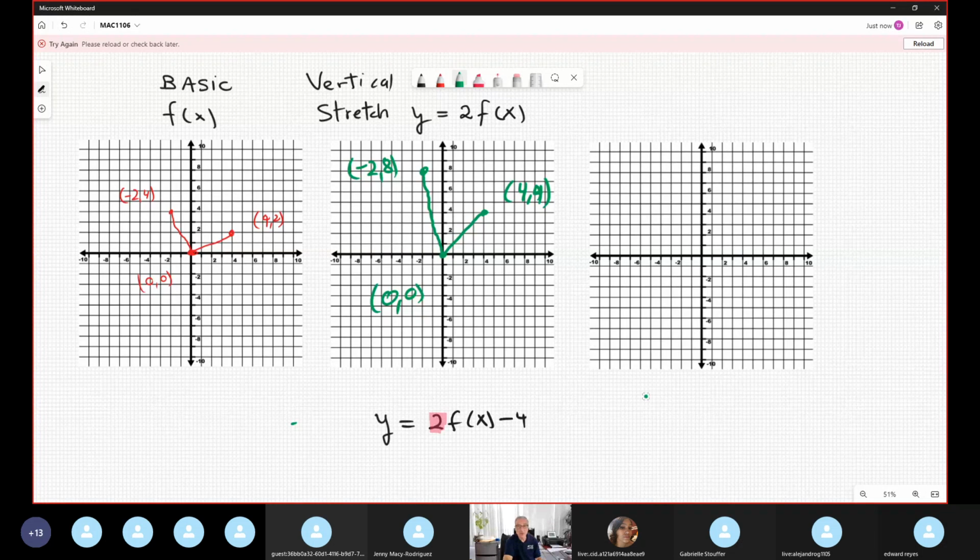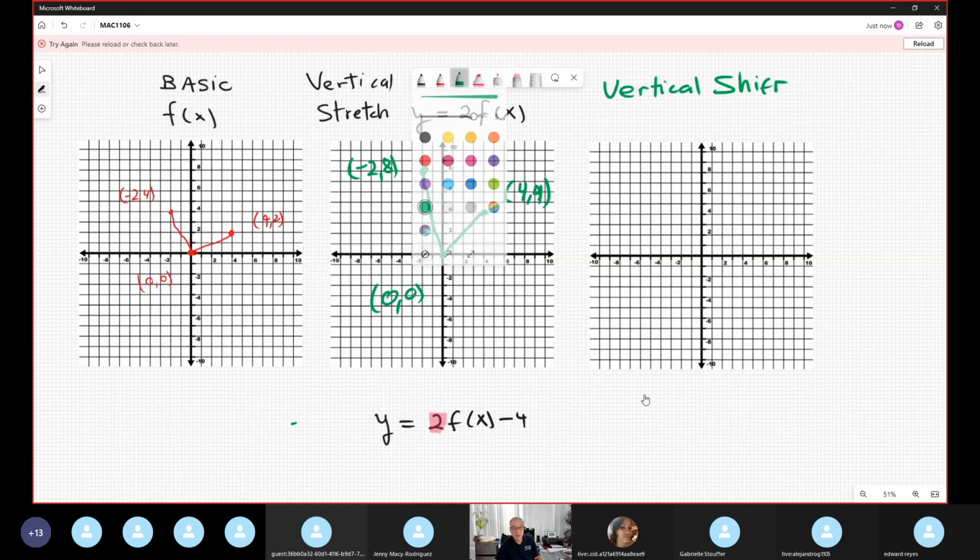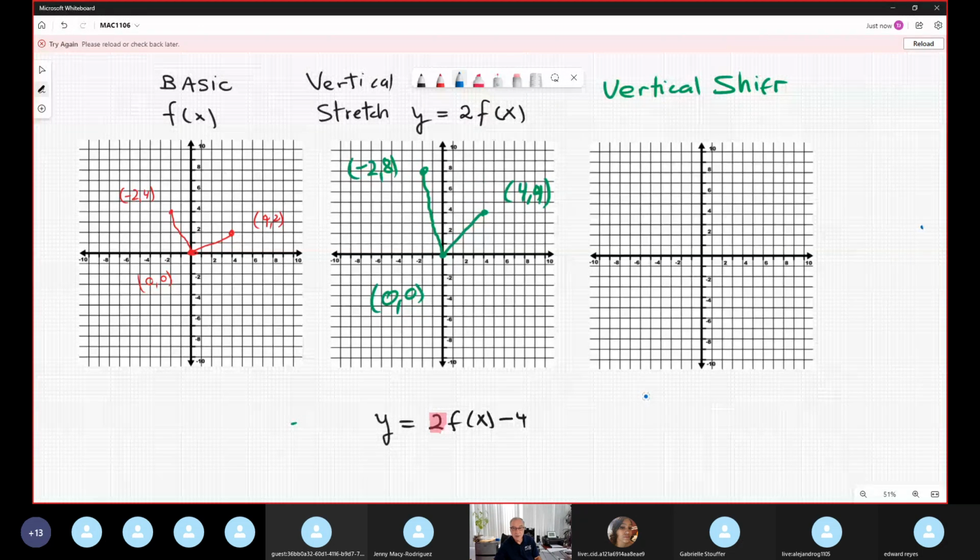And finally, negative 4. Negative 4 is any point you subtracting 4, and this is obviously the last, a vertical shift. Vertical shift. In what direction? Down or up? Down 4. Down, down, down. How many units? 4 units, right? So point by point, this point normally is 0, 0 would be now 0, negative 4.